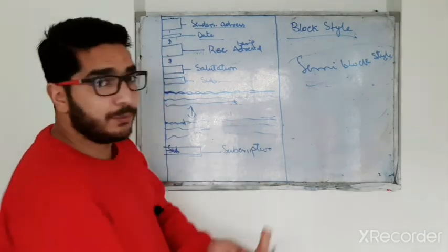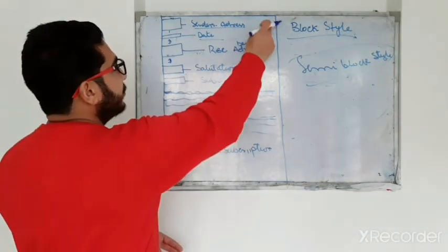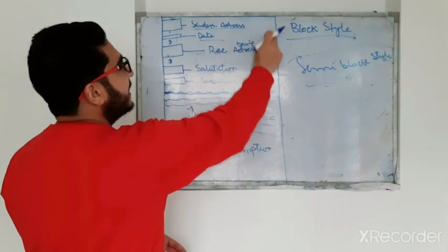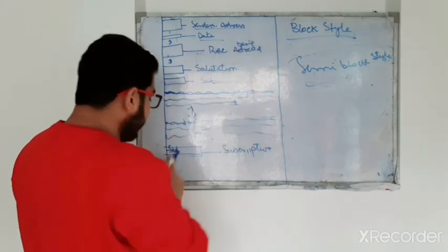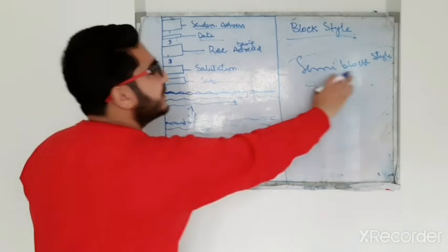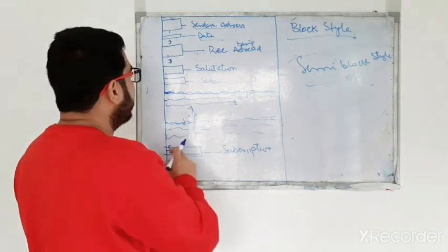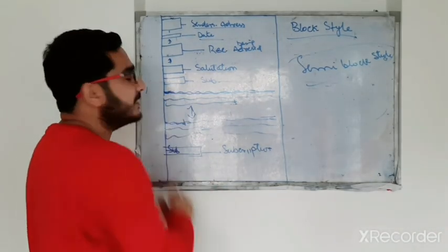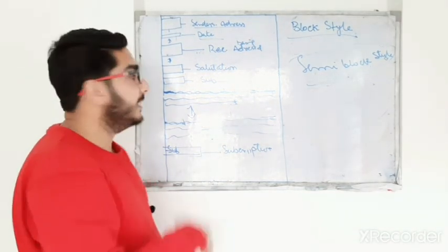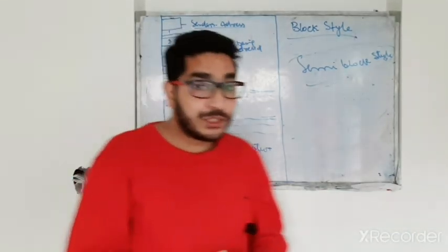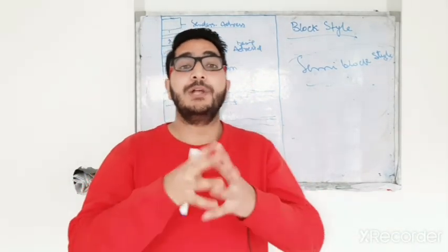See, in semi-block style, the sender's address you can write here also, the date you can write here, and the subscription you can write here. And you can leave spaces while writing the paragraphs in semi-block style, but not in block style.